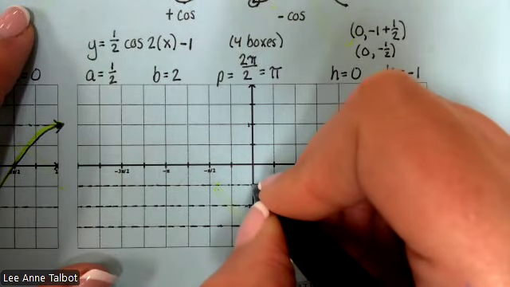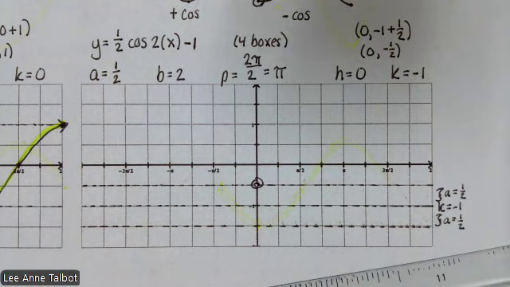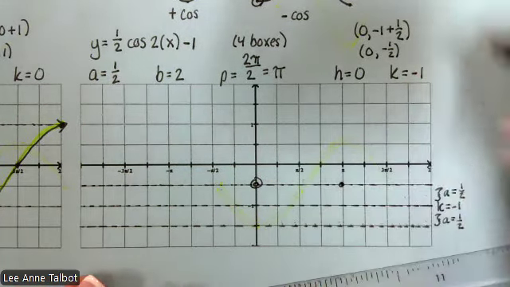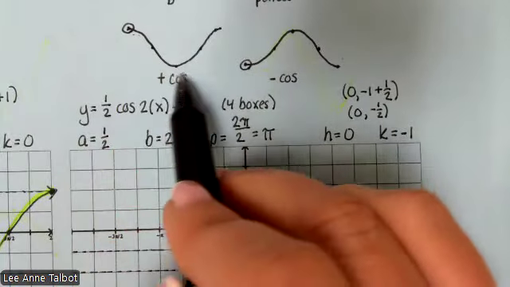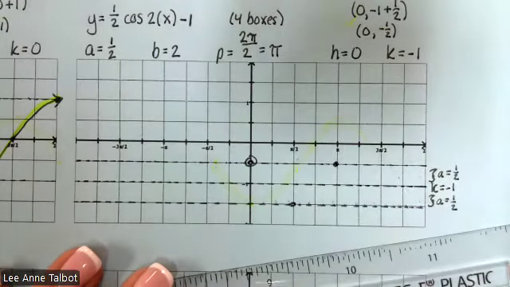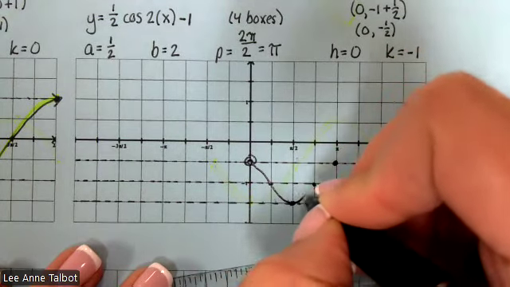0, comma, -1/2 is right here. Why does that make sense for cosine? Where does cosine start? At the top, right? And your dot's on the top line, so that makes sense. Okay, how many boxes away will the end be? 1, 2, 3, 4. Okay, so I've got to fit this U shape in between these 2 dots. So in between those 2, it'll be the bottom. And then the midline, this is a little short guy.